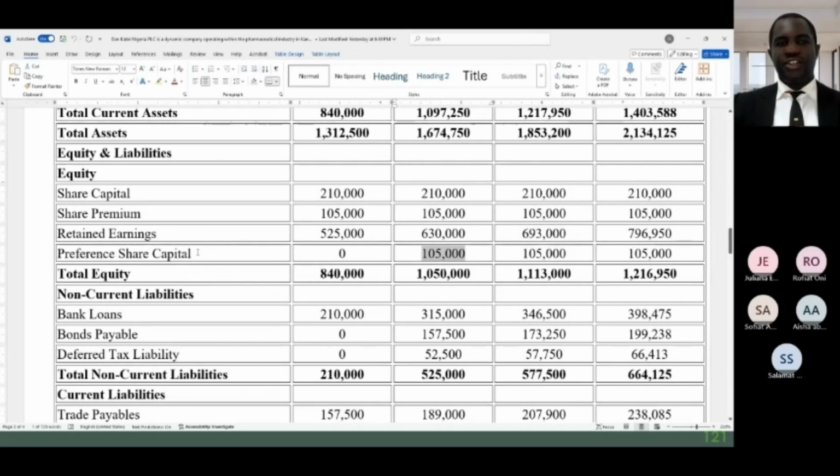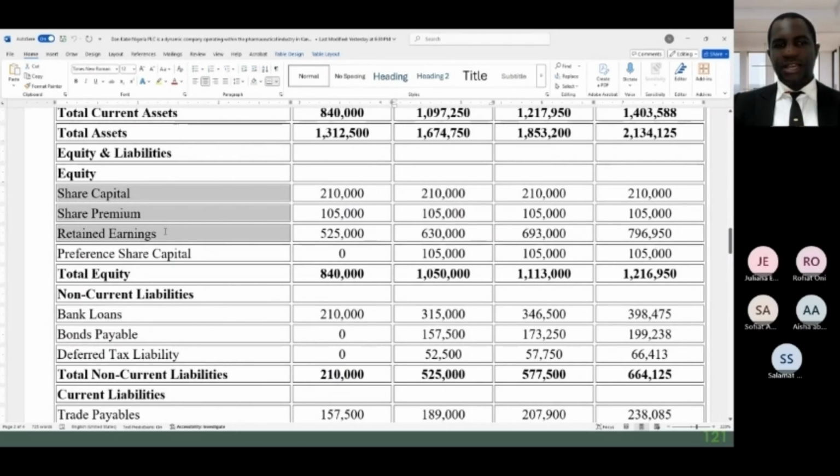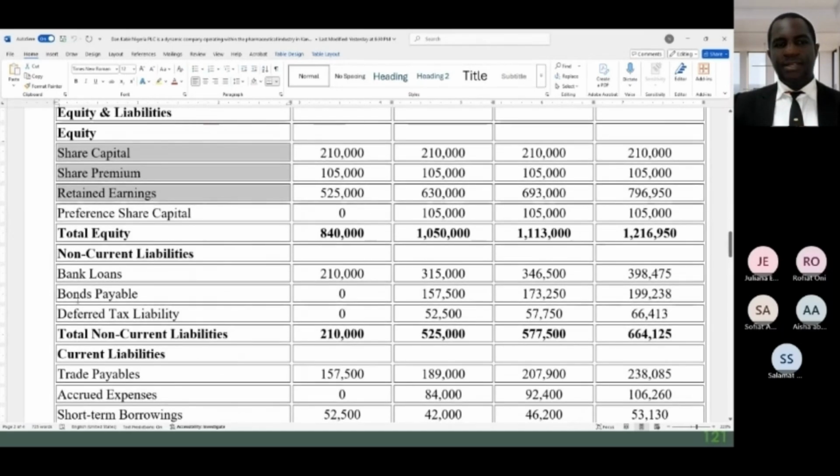So we are not looking at preference share capital in the calculation of return on capital employed. We look at the share capital, share premium, which is a reserve, and retained earnings, which is also a reserve. Then we take non-current liabilities: the bank loan, bonds payable, and deferred tax liability. So I pick these three into our calculation.